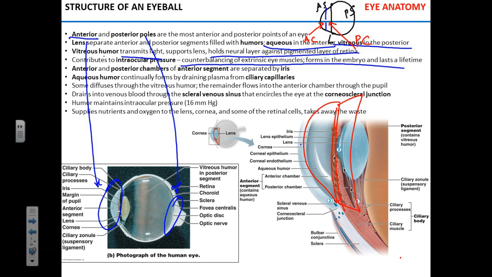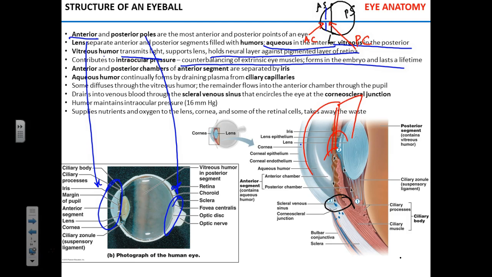Okay. So the aqueous humor. Ciliary capillaries, right here, produce that fluid by filtering plasma of the blood. Some of it goes a little bit into the vitreous humor, but minimally. Most of it flows from the posterior chamber through the pupil into the anterior chamber. In the anterior chamber, there are openings called scleral venous sinuses.